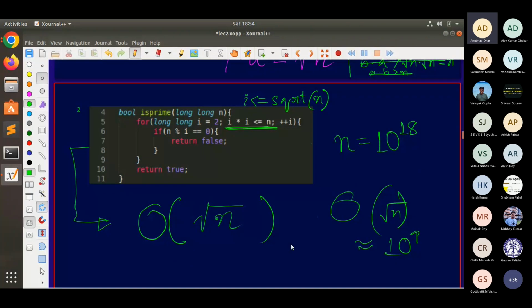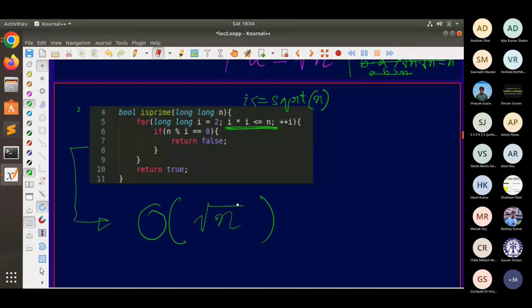But usually problems don't have such high numbers for primality testing. But numbers like 10 to the power 12, 10 to the power 13, these kinds of numbers can easily fit over here, right? For 10 to the 12, root n is 10 to the 6.